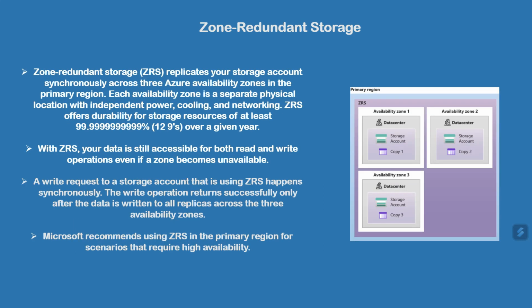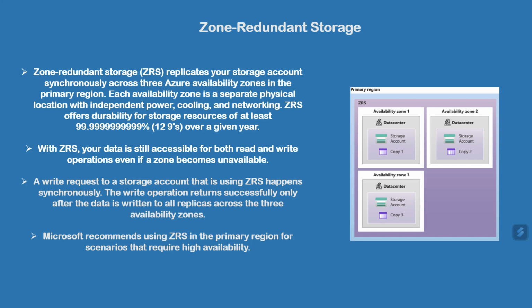ZRS basically means zone redundant storage, and it replicates your data synchronously. When I say synchronously, you need to understand it is instantaneous and simultaneous rather than asynchronous. Asynchronous means that the syncing isn't there. So it replicates your data synchronously across three Azure availability zones in the primary region.